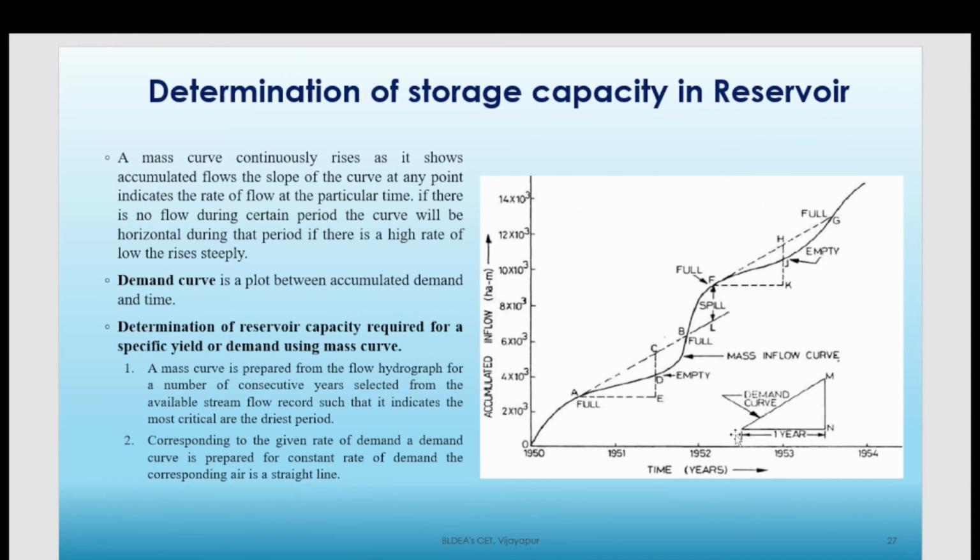Wherever you find the high points, as you can see, A and F are the high points. At those, we'll draw a parallel line, such that it remains tangential to the high point of the mass curve. After plotting this line AB and FG, which are parallel to the demand curve, the line will start from the tangential point of the high points of the curve.